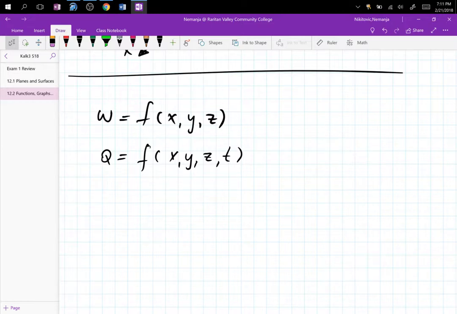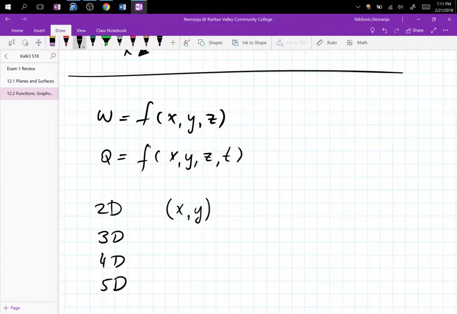Now remember what I said, the progression from 2D to 3D to 4D to 5D. You are going to have a point x, y, and then the split between domain and range, you are going to have the output variable, and then you are going to have x, y, z over here, and you are going to have just one at the end.